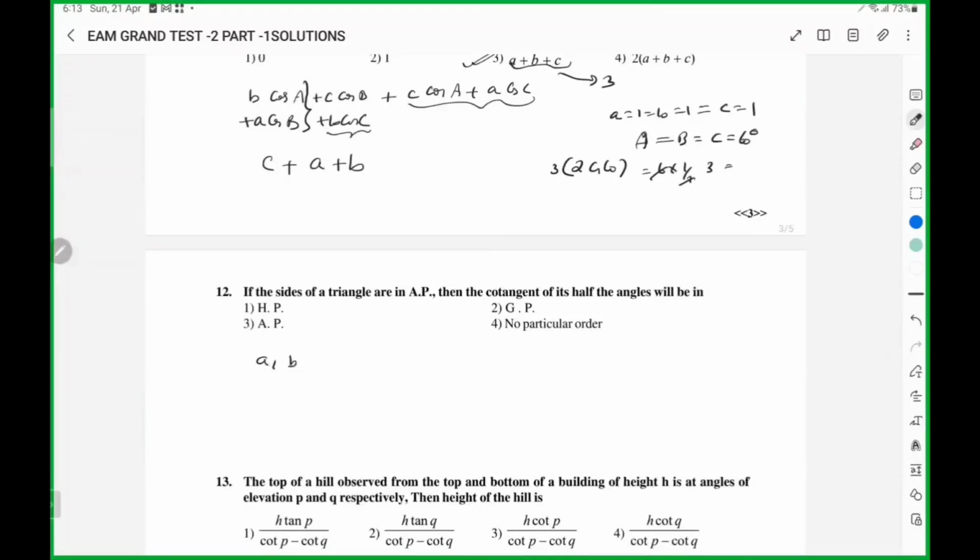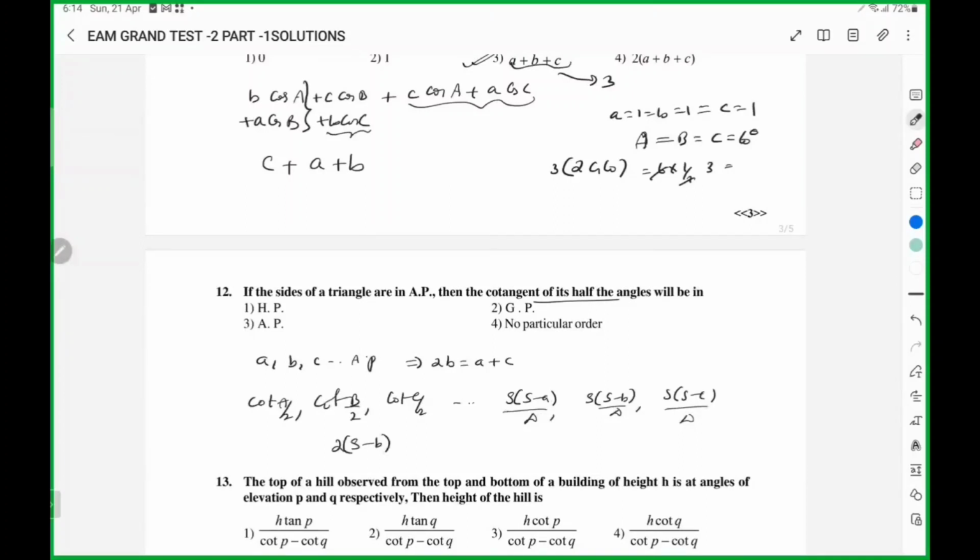Sides of a triangle are in AP, so 2B is A plus C. Cot of half angles are in AP. In the cot A by 2 formula, S into S minus a by delta, S by delta is everywhere common, so it is 2 times S minus B. If you take S minus A, S minus B, S minus C to check whether they are in AP, take 2B and A plus C. Already we know that A, B, C are in AP.